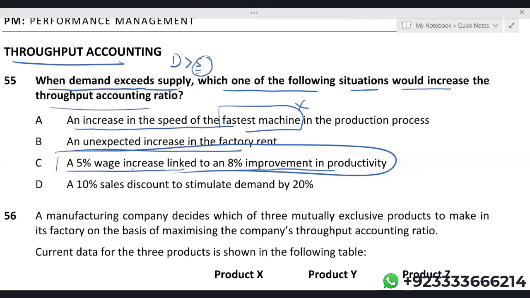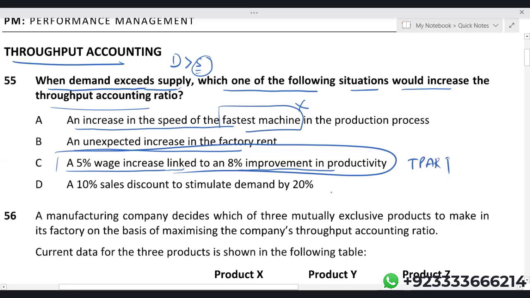If we start taking less time to produce the same unit, there is an increase in productivity, and an increase in productivity means return per factory hour will increase. So since the increase in productivity is more than the increase in wages, yes, your throughput accounting ratio will improve.